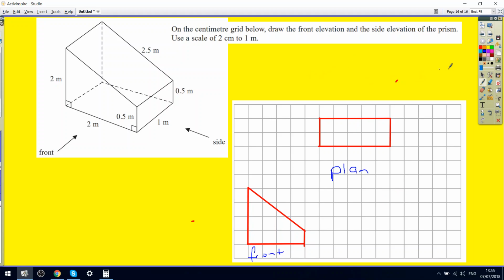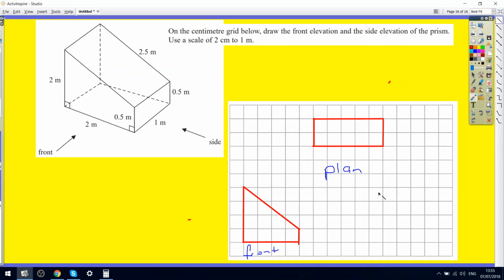Any question? Let's do the side. Okay. So 1 meter. So 2 centimeters. Which way? Down. No. Up. Yeah. No. To the sides. Yeah.